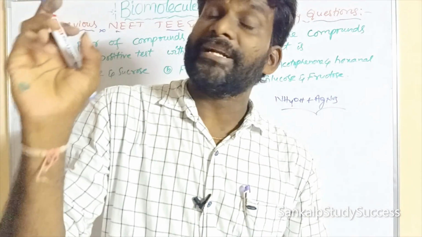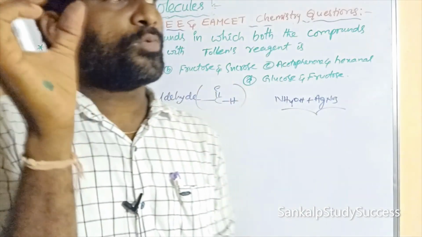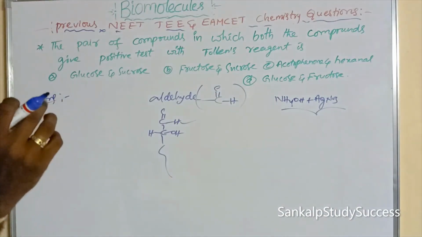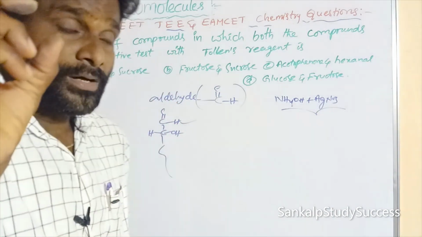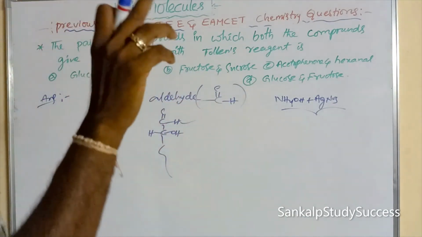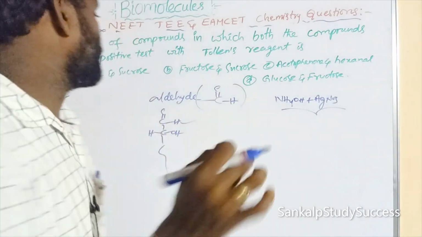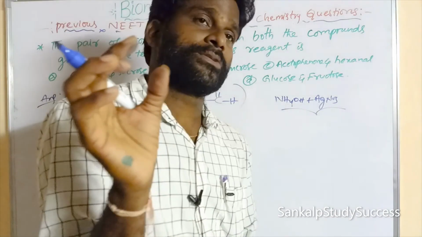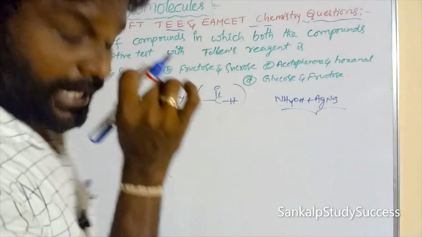In it, the aldehyde functional group of one monosaccharide and the ketone functional group of the other monosaccharide are involved in the glycosidic linkage.